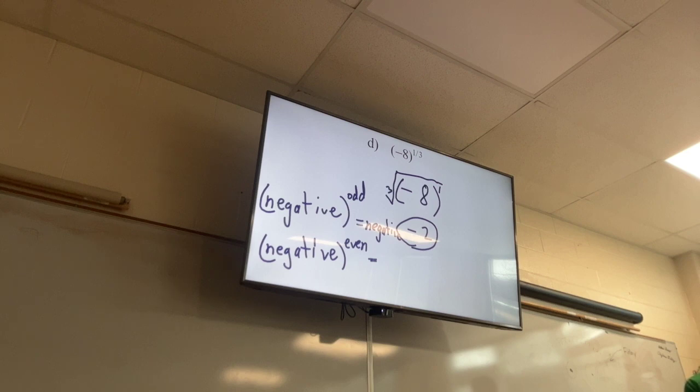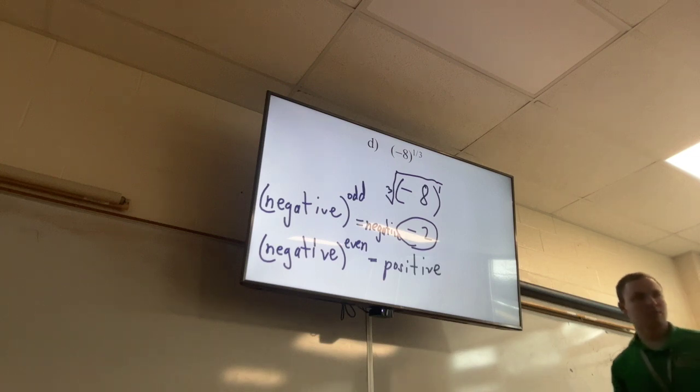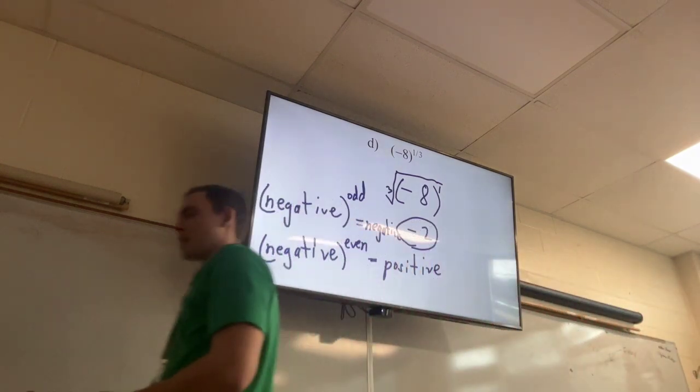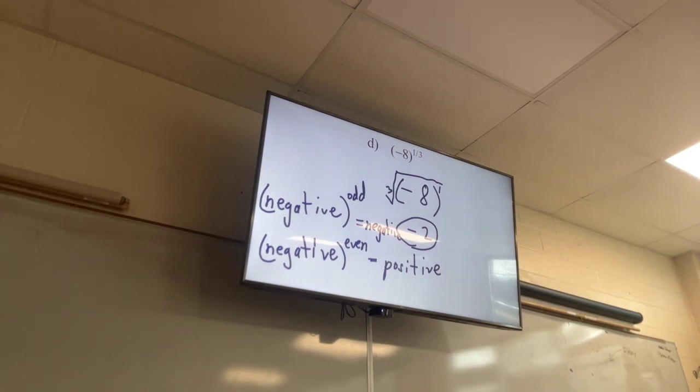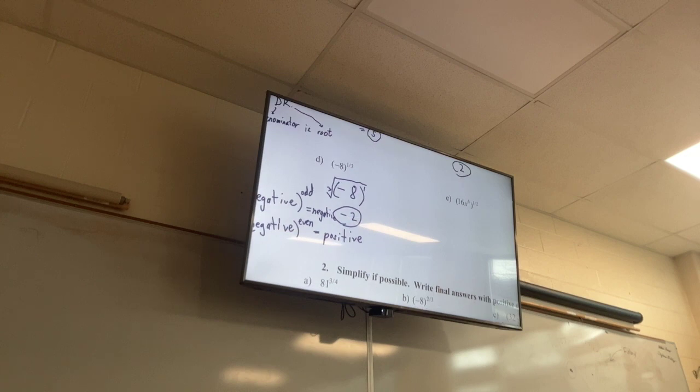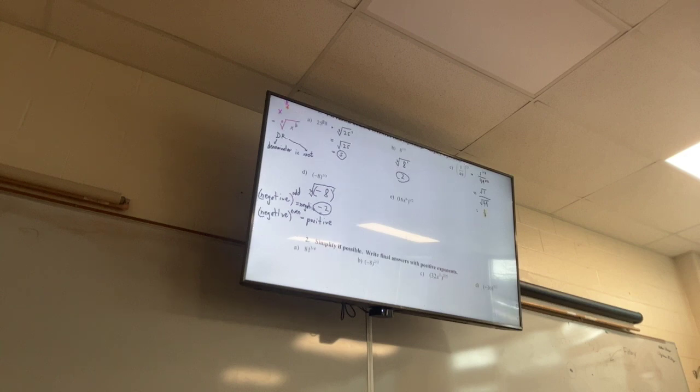If you raise it to an even number, that'll give you a positive. Very good distinction. There's no number you can multiply by itself an even number of times to get a negative, so that's not going to have a solution. That would be called an imaginary solution.